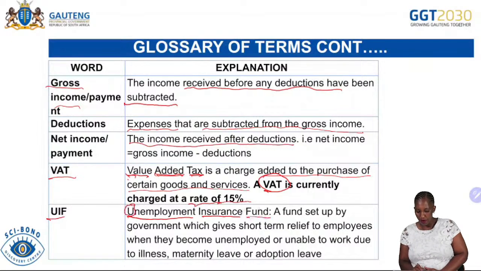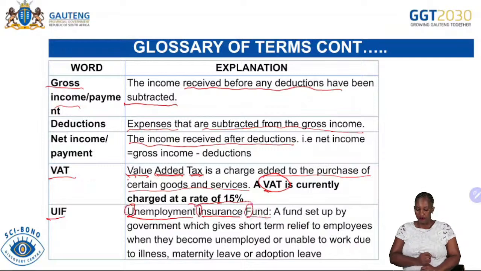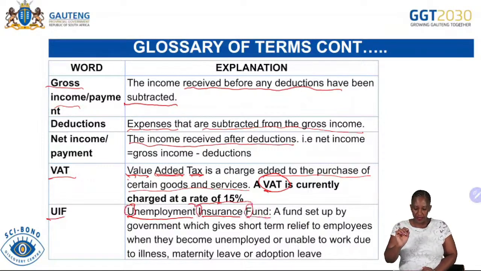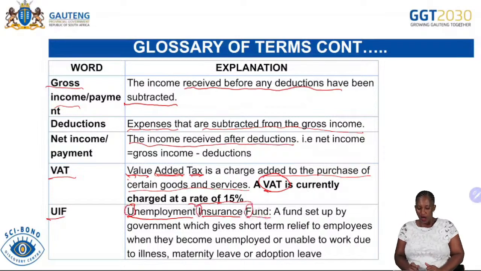U is for unemployment, I is for insurance, and F is for fund. This fund is set up by government to give a short-term relief to employees when they become unemployed.